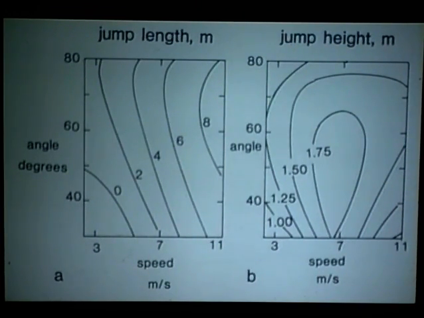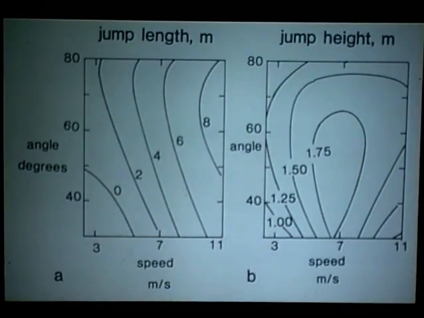On the vertical axis, we've got the angle at which the leg is set down. The contours represent the length of the jump. And down in the bottom left-hand corner, we've got jumps of negative length, your athlete's jumping backwards.